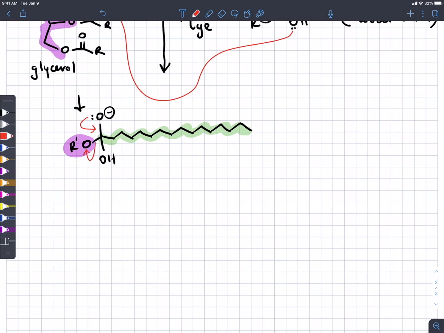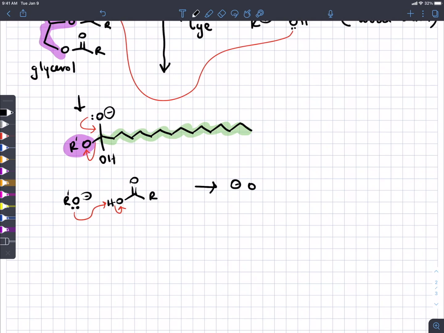Kick off the glycerol molecule with one of its oxygens negatively charged. And then what happens immediately thereafter is the negatively charged oxygen from glycerol removes a proton from the carboxylic acid.